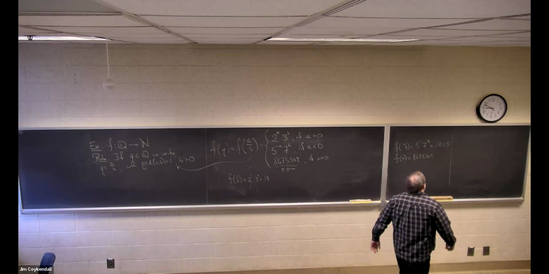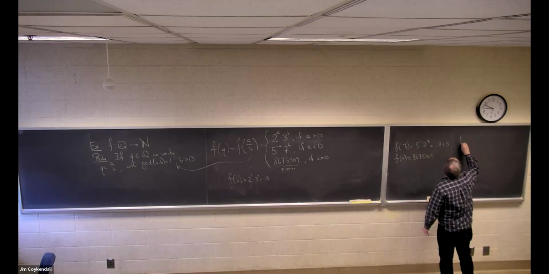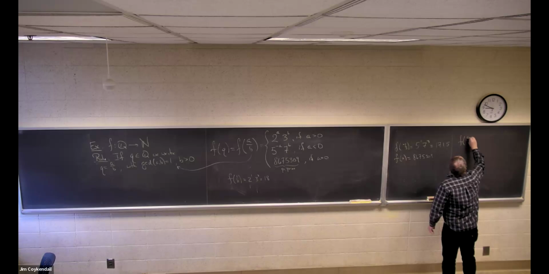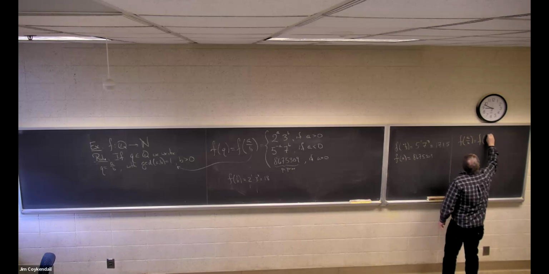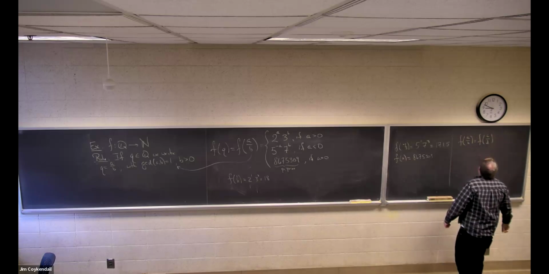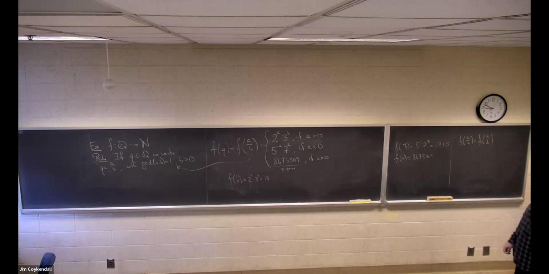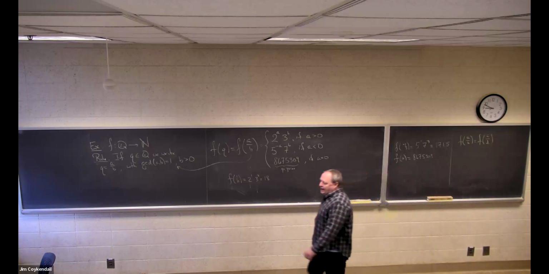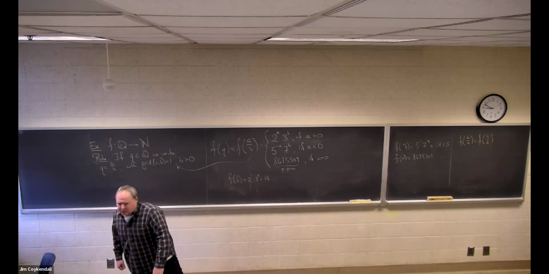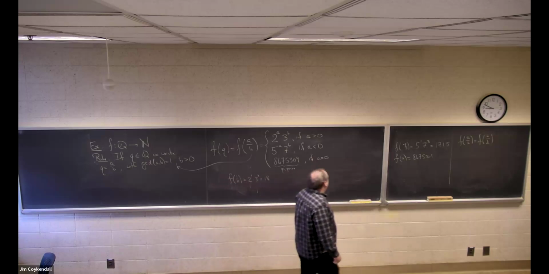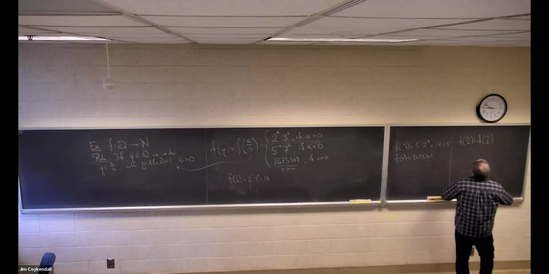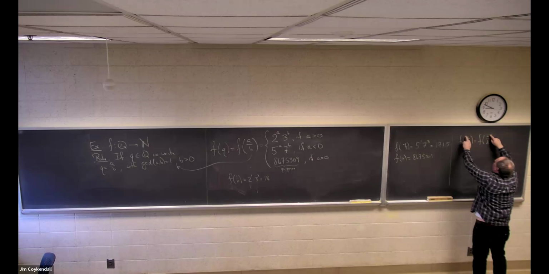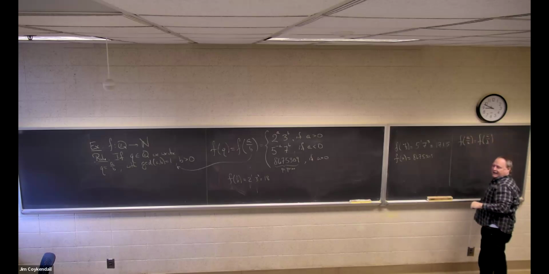Right. So suppose the first thing that I'd like to point out is they have to conform to the same rule, right? So suppose that A is positive and C is negative.